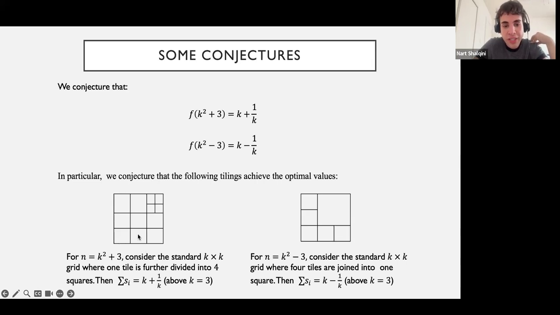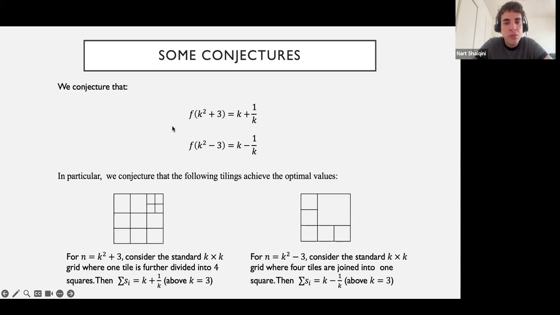If n is k squared plus 3, then you consider a k by k grid and subdivide one of the smaller squares into a 2 by 2 grid. And if you want to consider k squared minus 3, you simply take out a 2 by 2 grid. And we say that these specific configurations also obtain the optimal value, which we conjecture to be these values above.